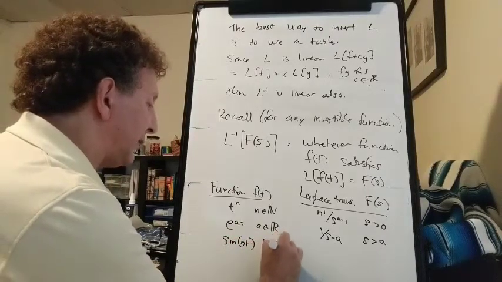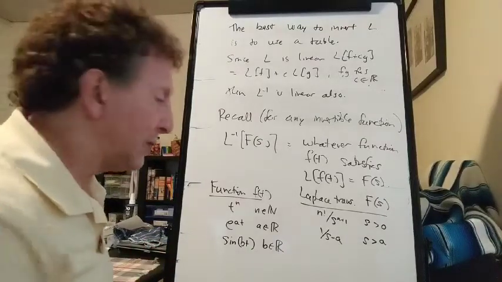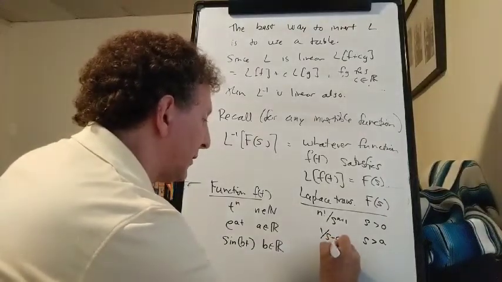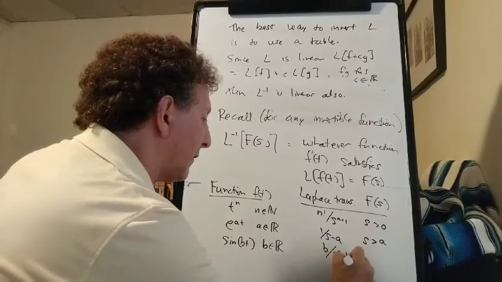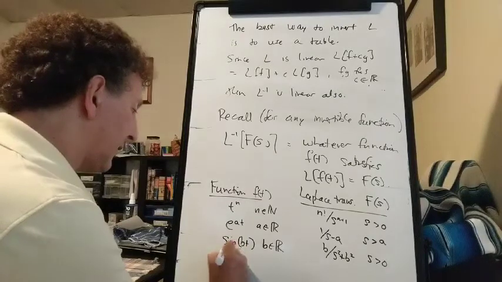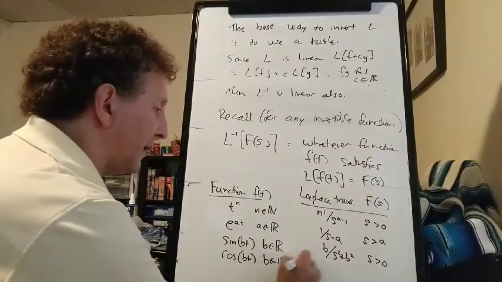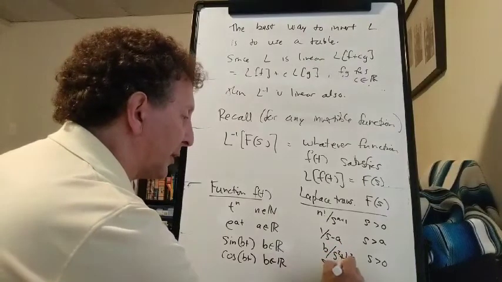For sine of bt, where b is a real number, the Laplace transform is b over s squared plus b squared. And that works for s greater than 0. Cosine of bt is similar. That's s over s squared plus b squared.